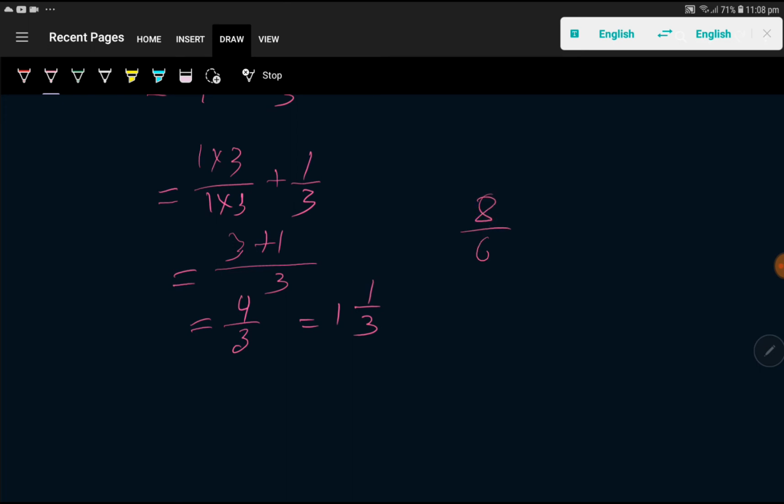Previously we got 8/6, and if I convert this improper fraction to a mixed number, we are getting 1 and 2/6. If I divide this 2 by 2, then I'll get 1, and if I divide this 6 by 2, then I will get 3.